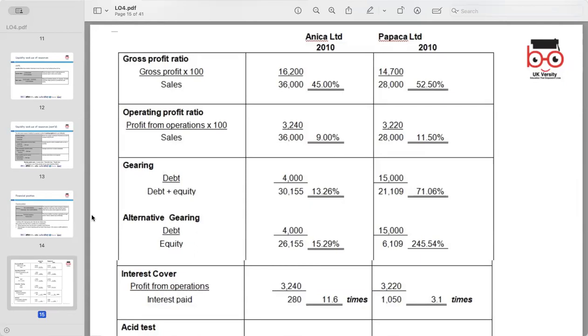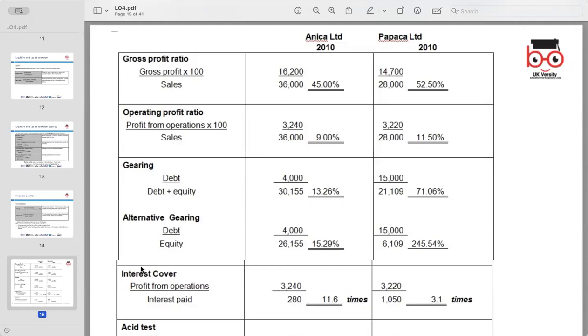Gearing ratios provide insight into a company's capital structure and financial risk. The debt to equity ratio compares debt to equity, indicating the proportion of financing provided by creditors relative to shareholders. Alternative gearing ratios offer additional perspective on the company's debt burden, highlighting its reliance on debt financing.